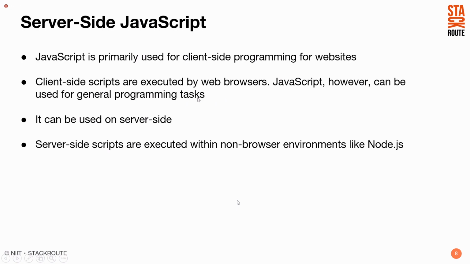For any purpose you can use JavaScript, whether server-side, client-side, normal programming, or creating any app. It can be used on the server side also. Server-side scripts are executed within a non-browser environment like Node.js. So I want to execute JavaScript on the server side through the command line, and that can be achieved with Node.js.